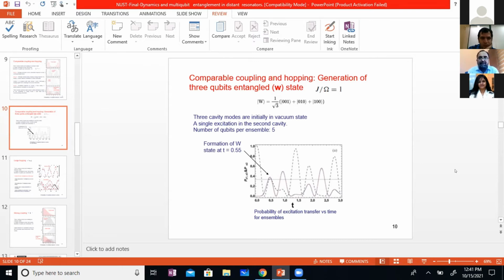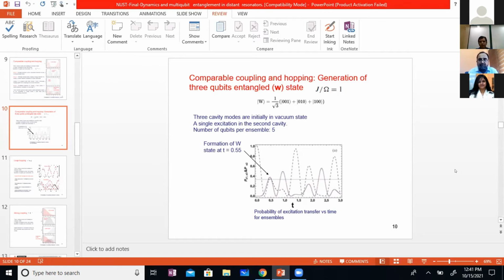So here I have written down this W state, which is nothing but 1 over the root of 3, times |001> plus |010> plus |100>. Notice we cannot write down this W state in product form. So now look at the figure. Again, we are showing the probability of excitation transfer versus time for the ensembles. And here we have formation of the W state at time equal to 0.55.